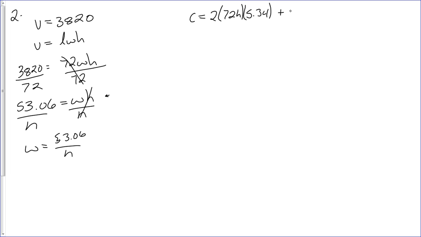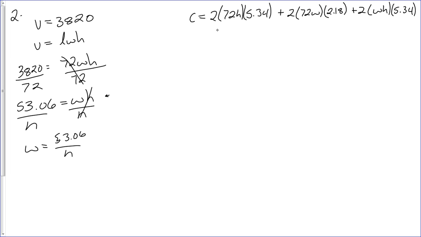Plus, we know that the top and bottom, there's going to be two of them, and that's going to be 72 times W times 2.18. I'm sorry, that's top and the bottom, not the sides. Plus, and now the sides, there's going to be two of them. It's going to be width times height, and those are going to be times the 5.34.